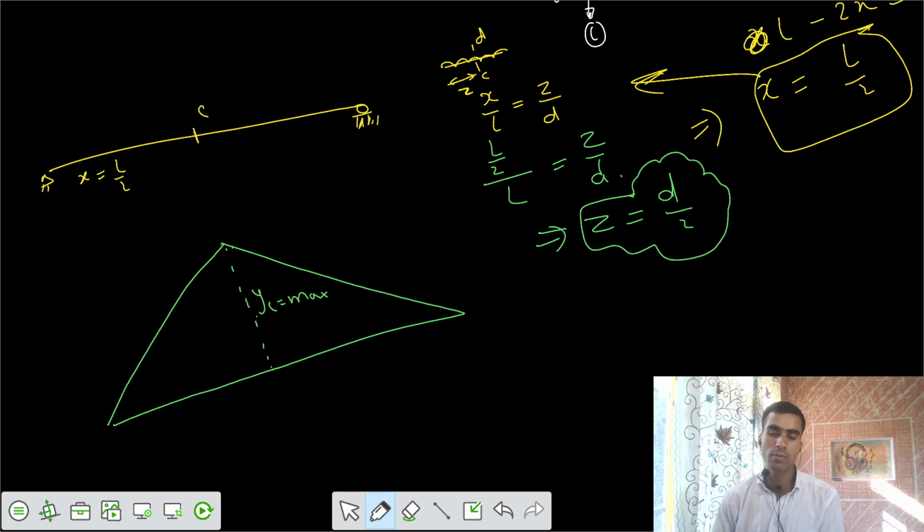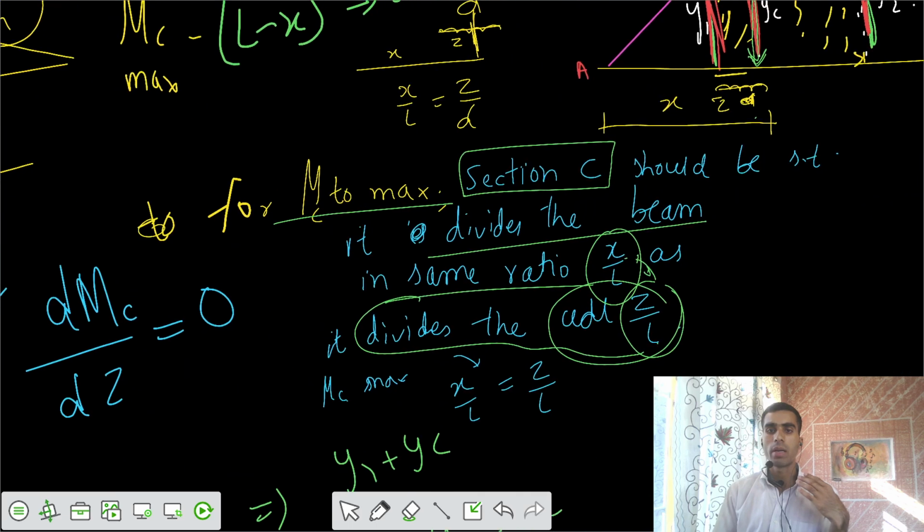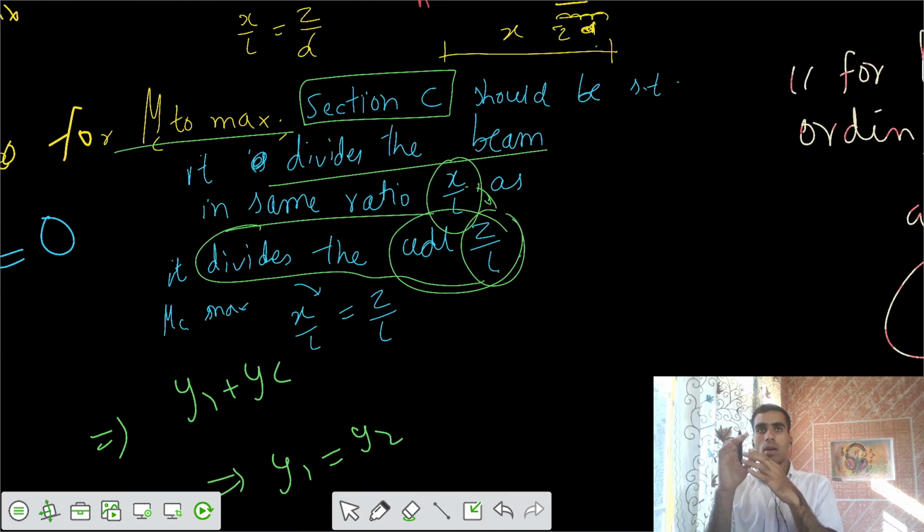For this condition, YC is YC max, and from this conclusion, for the M at C, we have selected C because from this we got that the location of C is at L by 2. Now if I write that statement again for the bending moment at section L by 2, for it to be maximum at midspan, the section at midspan should divide the beam in the same ratio of 1 by 2.